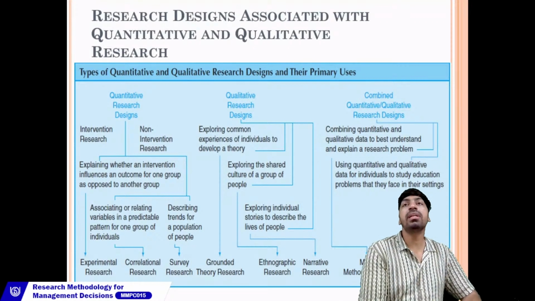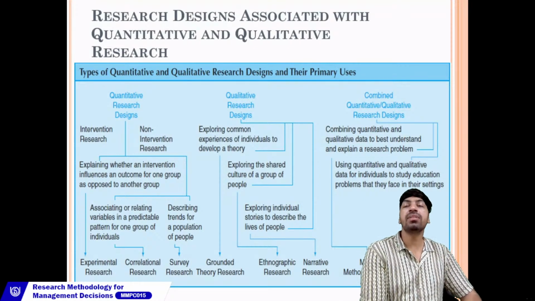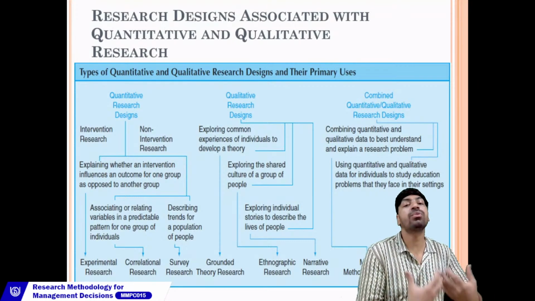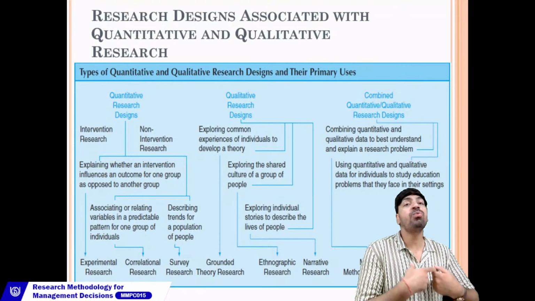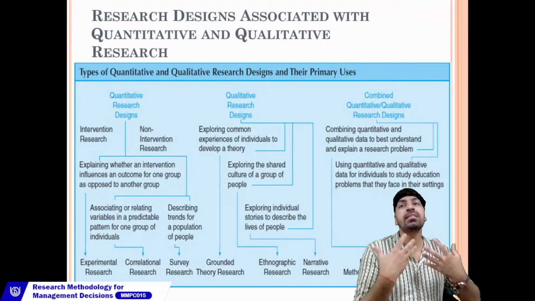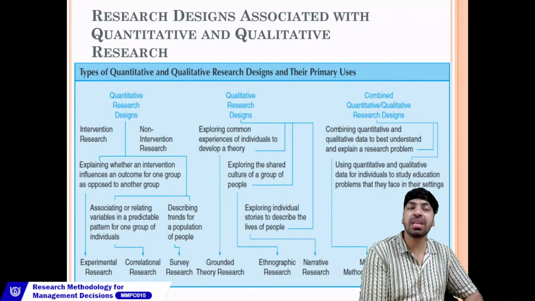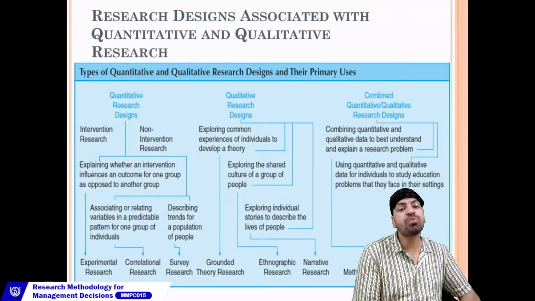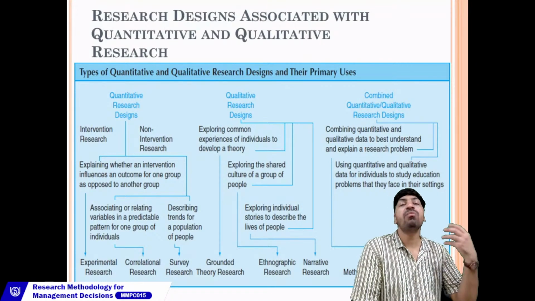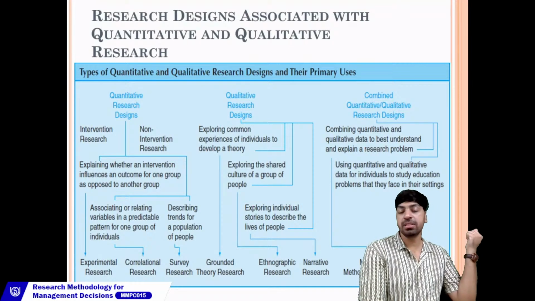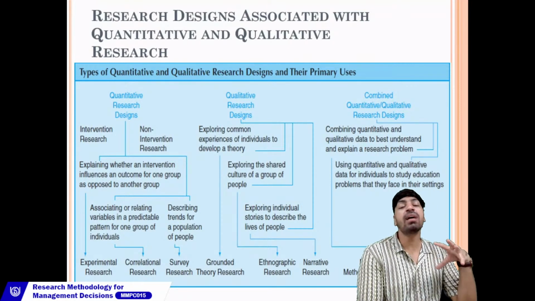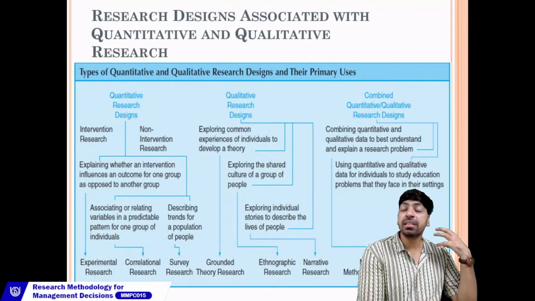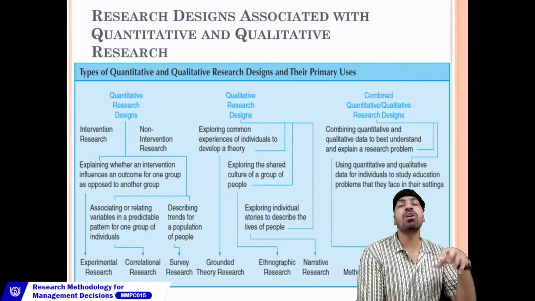When we talk about grounded theory research, we talk about exploring or explaining the common experience of individuals, which will be used to develop theories. It is mainly used to develop a theory, and the theory is based on individual experiences.